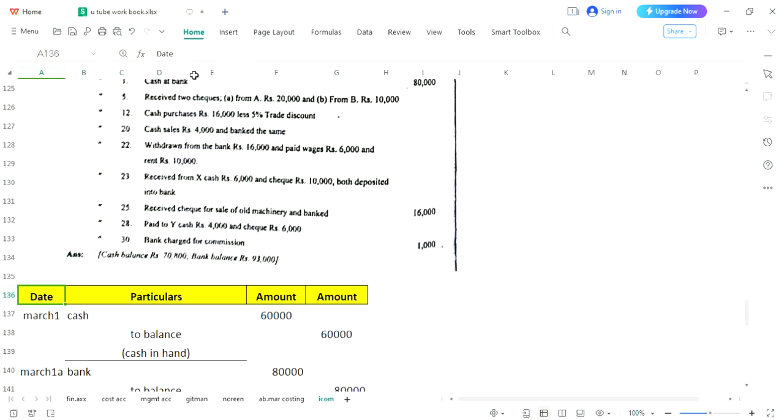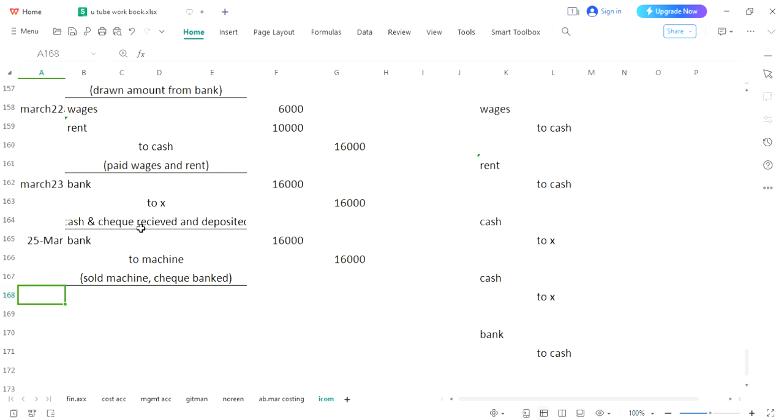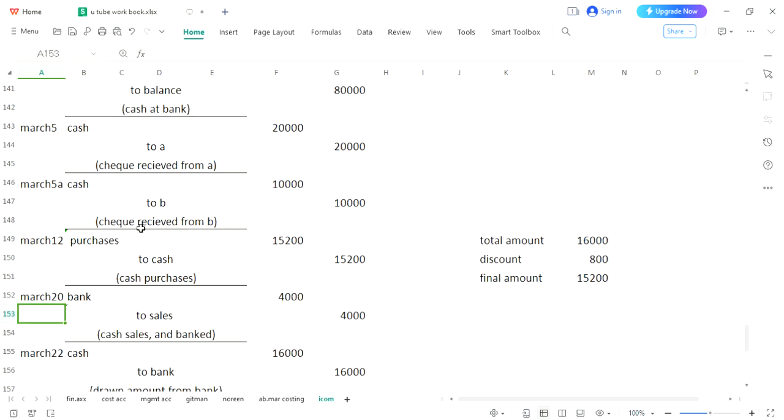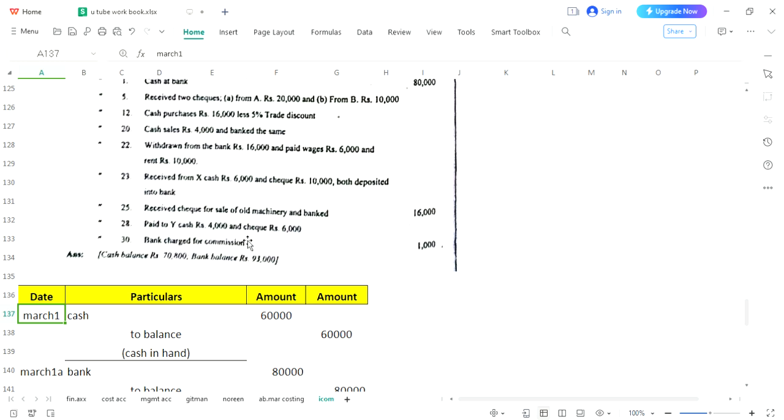After March 25, we have March 28. Let's put this 28. In this question, there is a speciality that more than one amount is given in several entries. Look at this: 16,000, 6,000, and 20,000, 10,000.